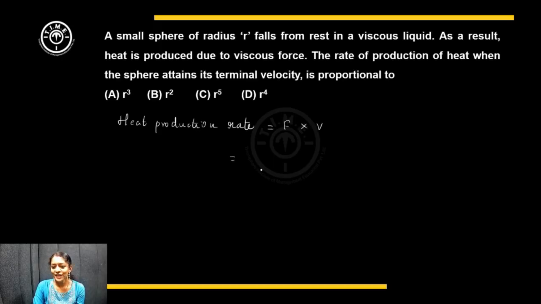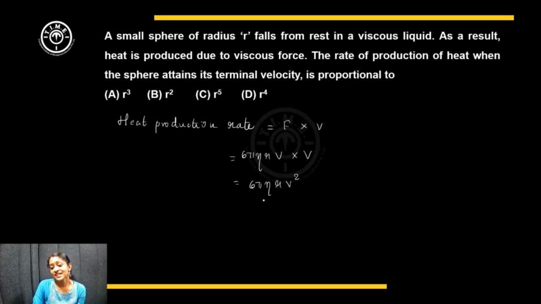What is F? F is nothing but viscous force, isn't it? And we know according to Stokes' law, the equation of viscous force is 6 pi eta r v, where v is the terminal velocity of the sphere and r is the radius of the sphere, into, yes, one more v is there. So you will get the equation as 6 pi eta r v square.